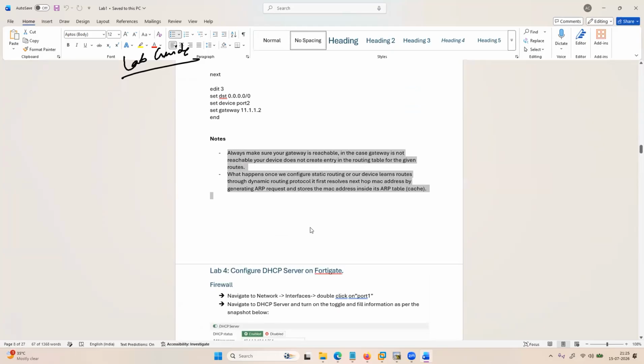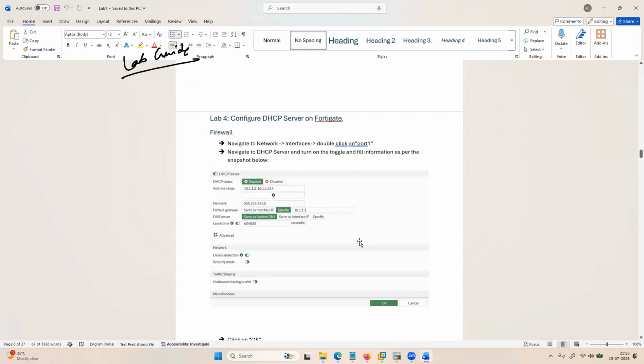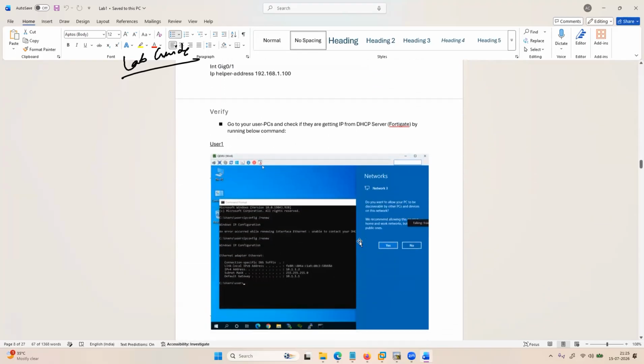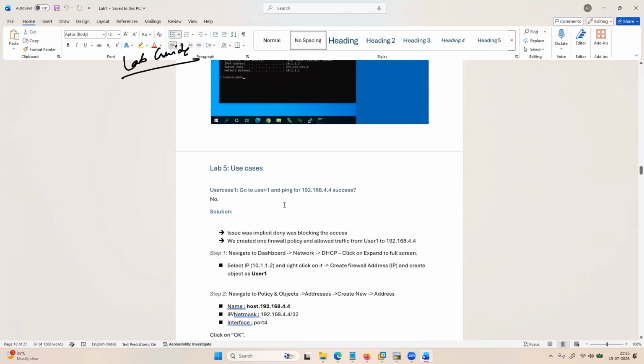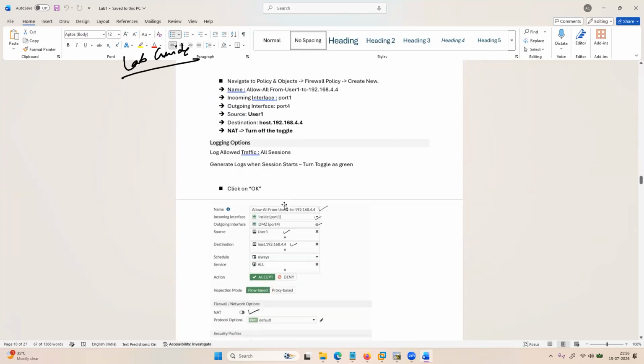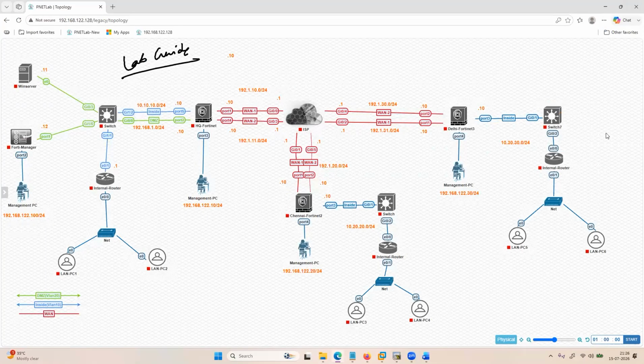That is me, by the way. I'll be writing notes for you. You just need to focus on your training. That's it. Everything is shown like a guided lab. For this capstone lab, you are going to get this 120-page lab guide.